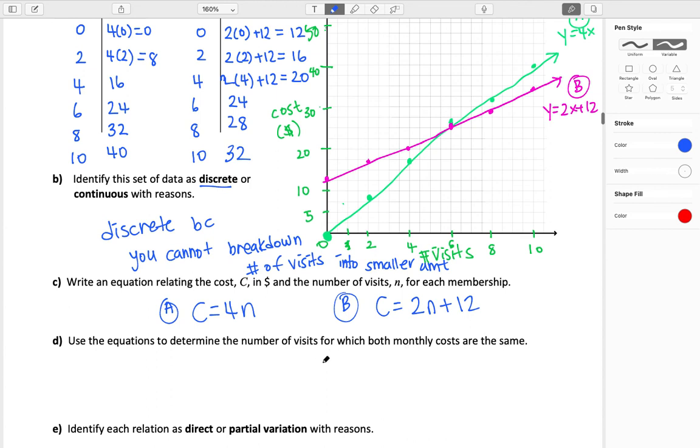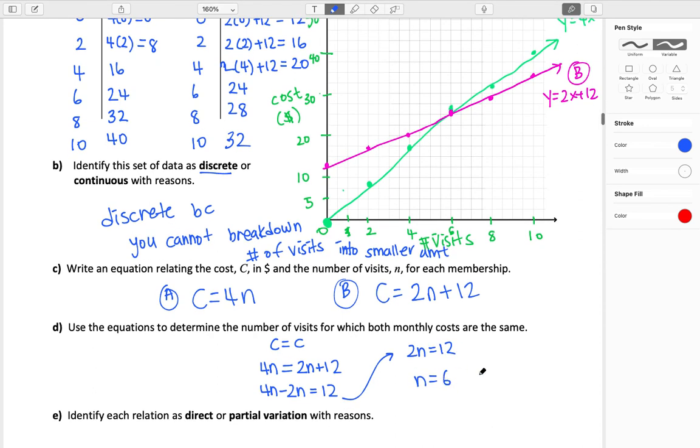So what that means is that we are going to assume that the cost for both membership is the same. So what I'm doing is C is equal to C. So this is membership A, 4N, is equal to the membership B, which is 2N plus 12. Therefore, I'm going to collect the like terms by bringing 2N to the left side. So 4N minus 2N equals 12. 2N equals 12. N is equal to 6.